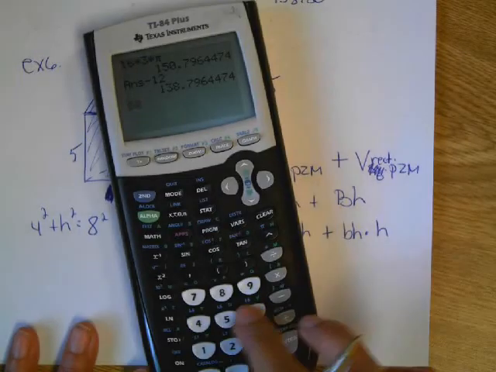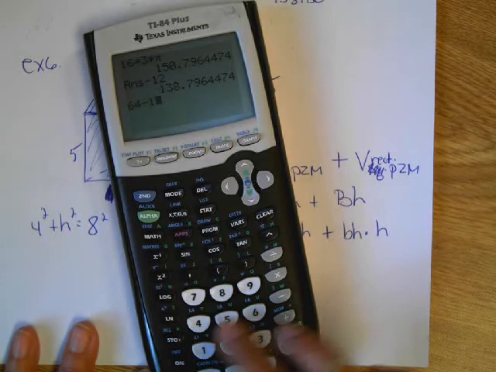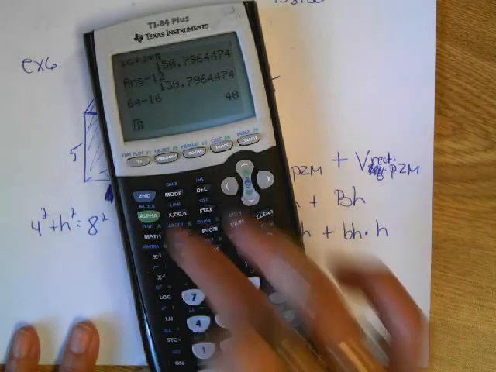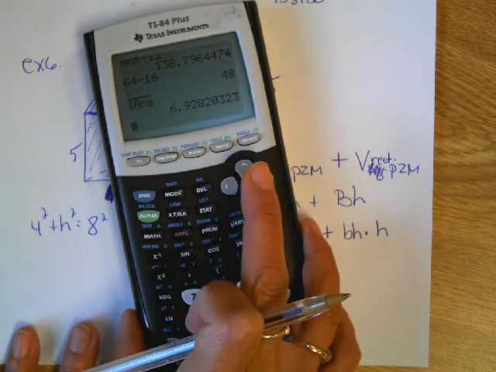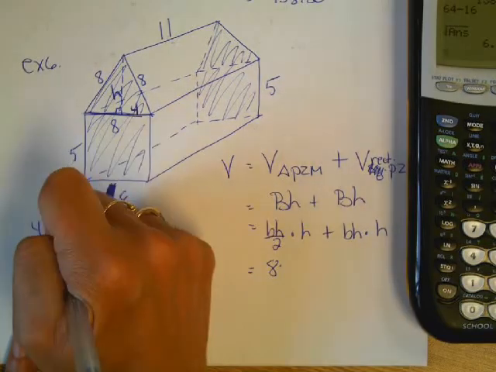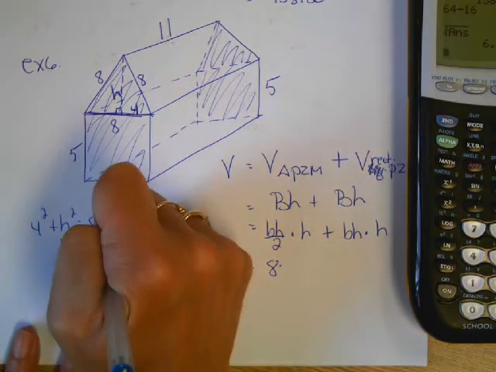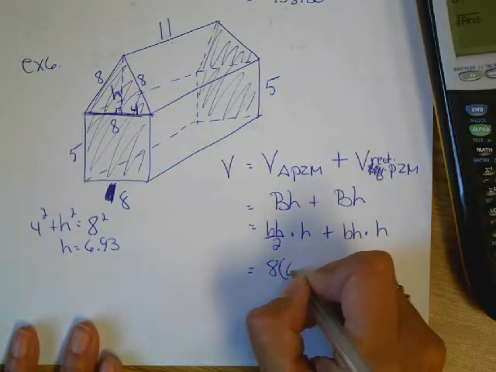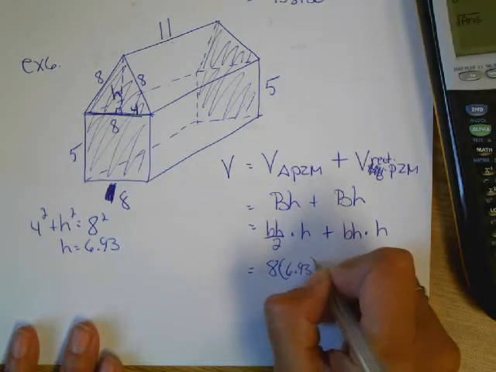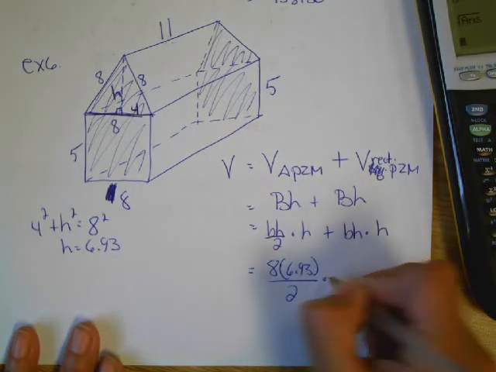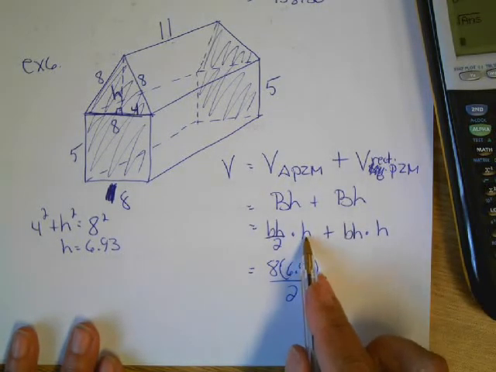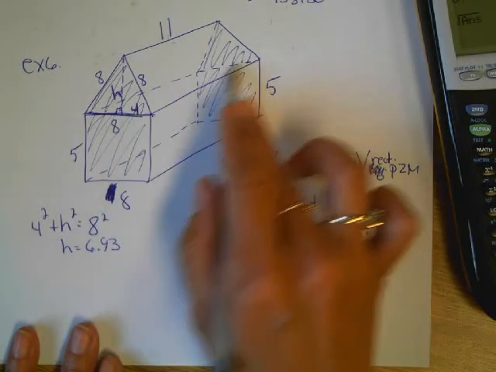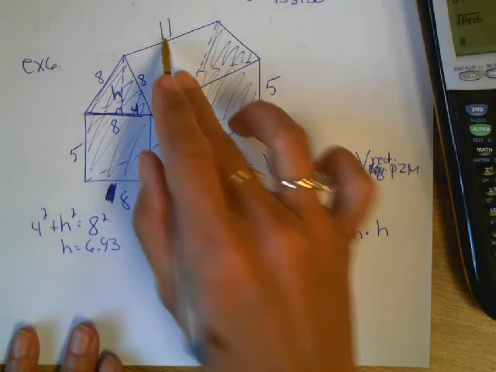So 64, subtract 16, square root, 6.93. Eight times 6.93 divided by 2. Now this H is the height of that triangular prism. How far apart are those triangles? 11.